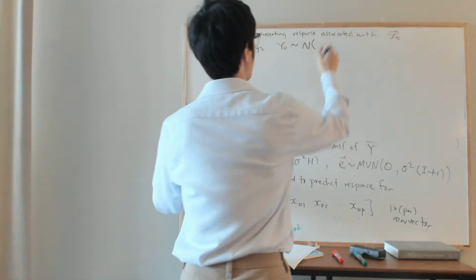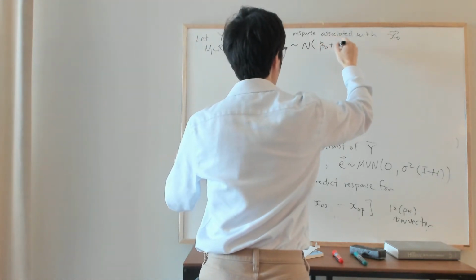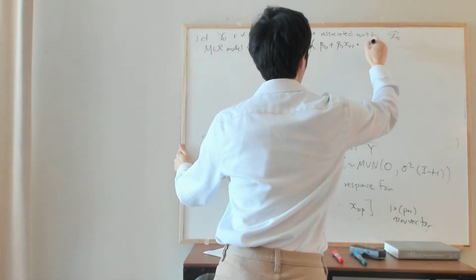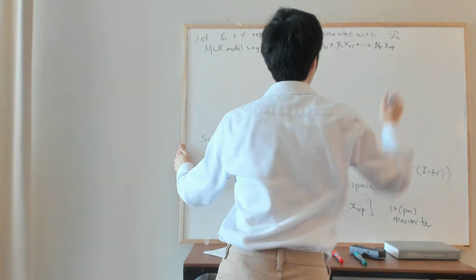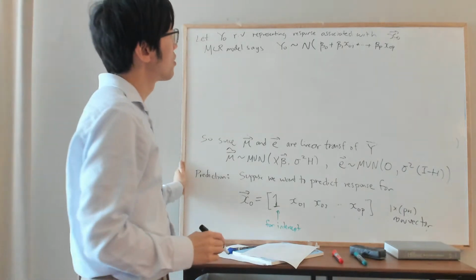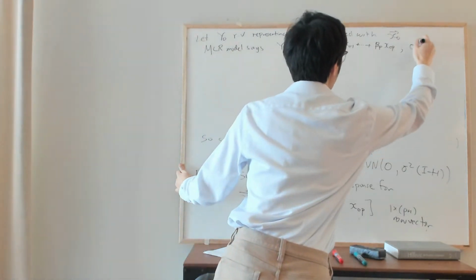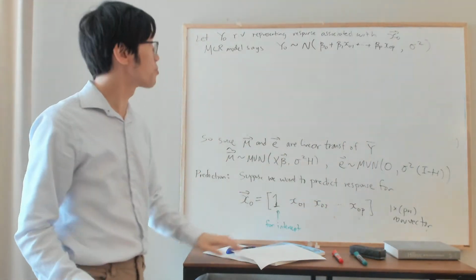Let's write it in full first: beta 0 plus beta 1 x0,1 plus up to beta p x0,p, and then variance sigma squared. So that's what the model says.